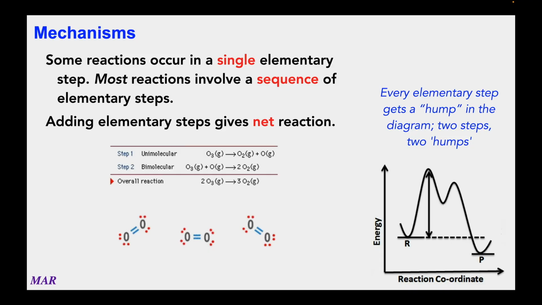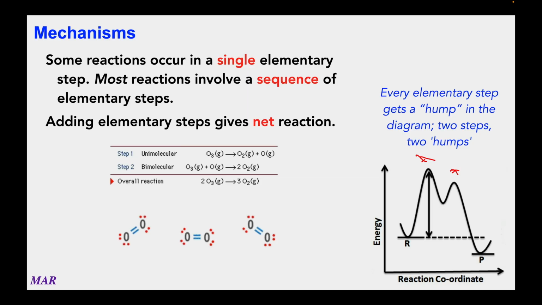If you have more than one elementary step, you will see more than one hump on your reaction diagram. So on the right-hand side there, you can see how reactants R are on the left and products P on the right. And there's two humps, all right? There's a big hump that you start with and a smaller hump right there. Each of those humps refers to one of the steps in this mechanism.